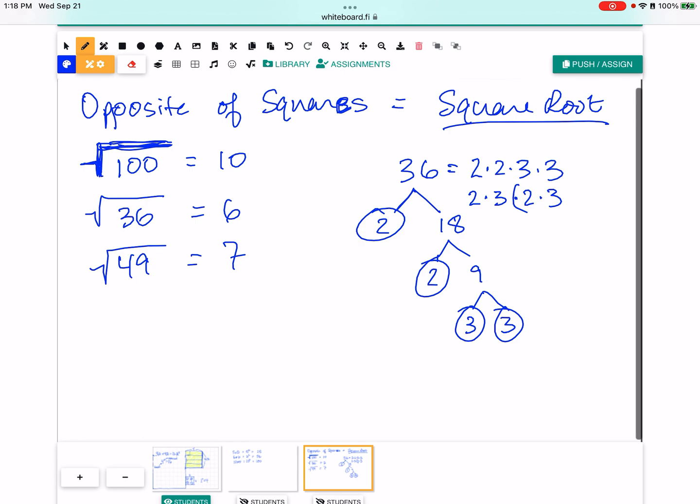And when I do that, I see that, lo and behold, we have a 6 times 6, right? And 6 times 6 is 36. So that is a way to find it out if you don't know it or you don't remember it. Let's try another number.